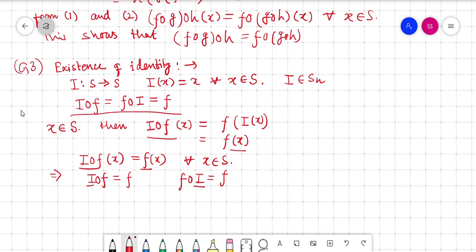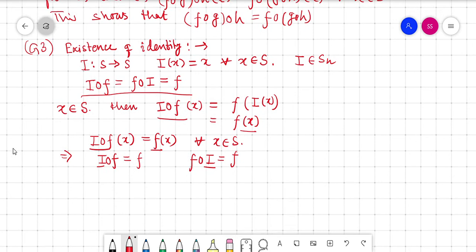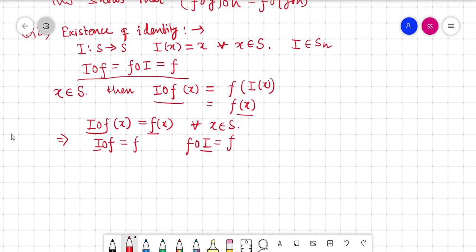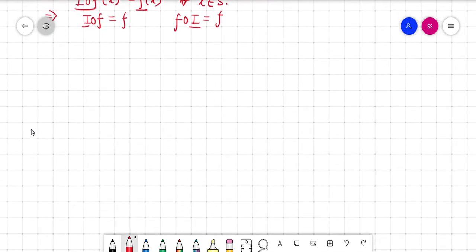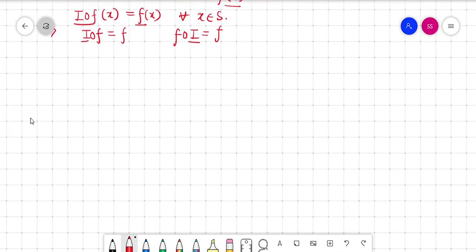Okay, so we have shown that Sn contains an identity element for the composition of mappings. Now that we have the third property, let us move to the fourth one, G4. What is G4? G4 is the existence of inverse.